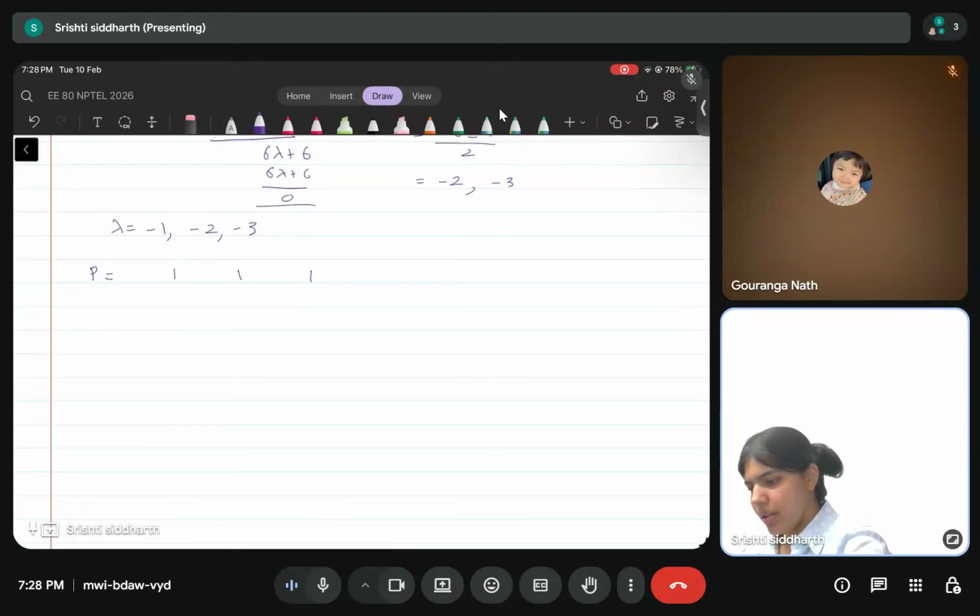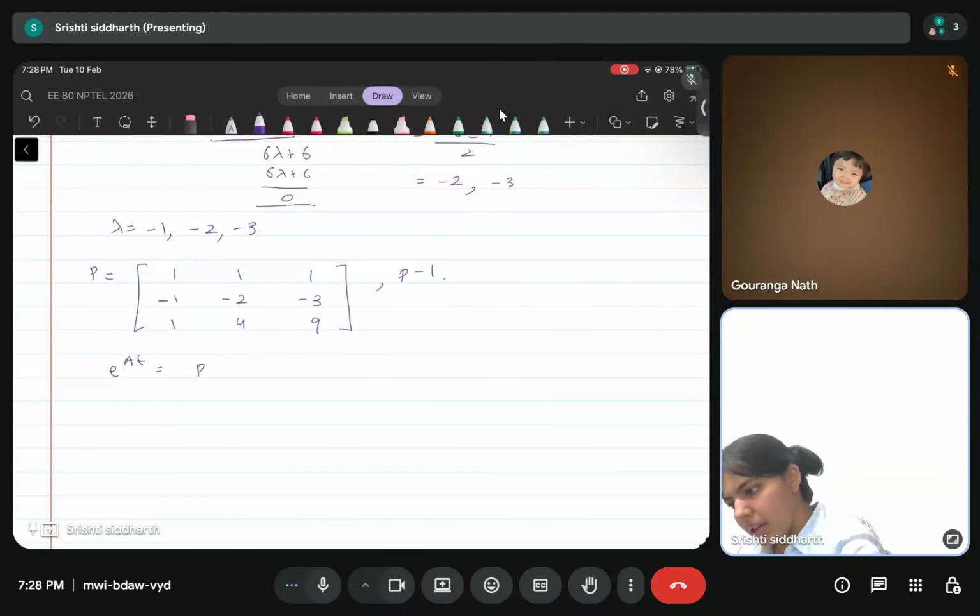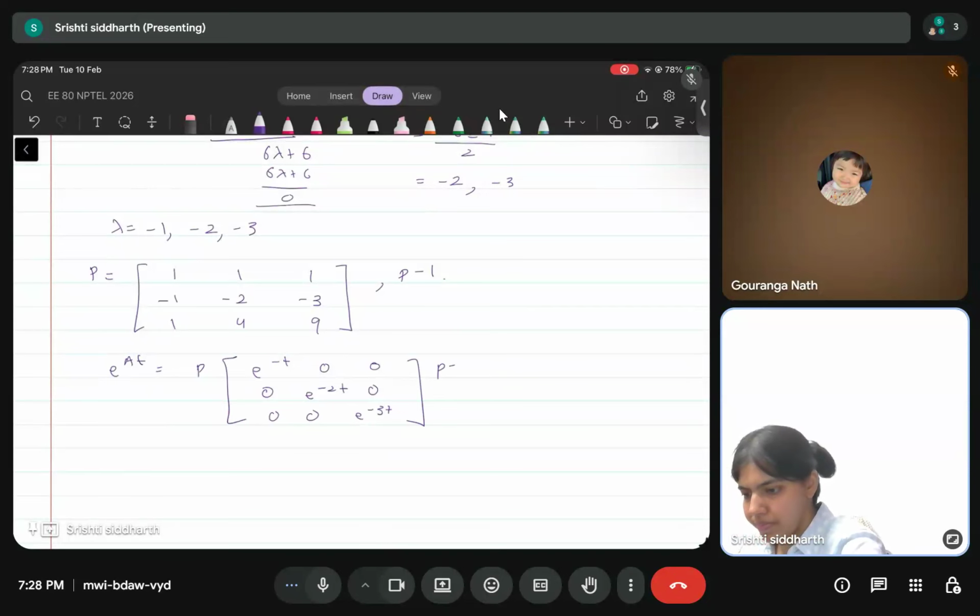So the matrix P is 1, 1, 1, lambda 1, lambda 2, lambda 3, and then the squares of these values. You can now compute P inverse of this matrix, and the state transition matrix would be P times e to the power of the diagonal matrix times P inverse.